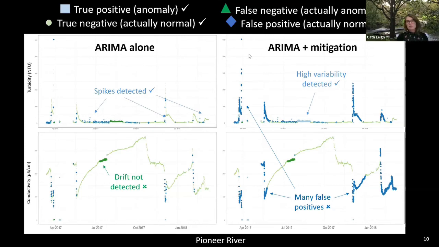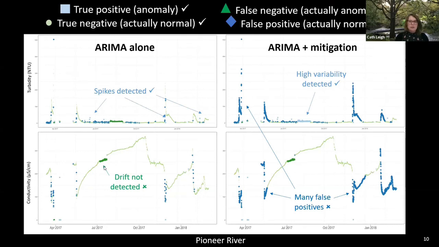We're also seeing, if you look at ARIMA and mitigation and turbidity, that we're able to detect some of these more unusual anomaly types. In the light blue, true positives detected here, in the middle of the turbidity time series, it's detected when we implement mitigation, but looking back to ARIMA alone, the method did not detect that period of unusually high variability.